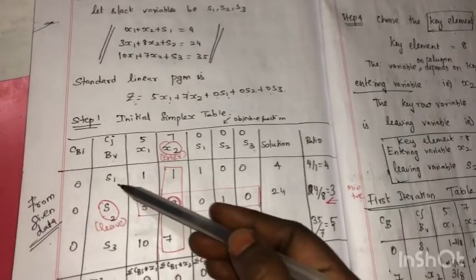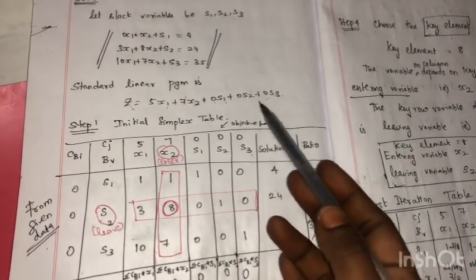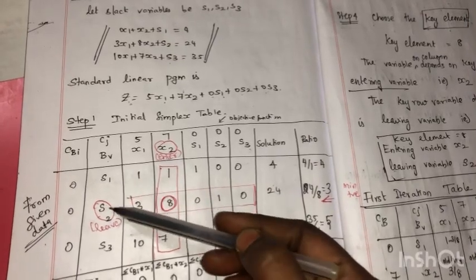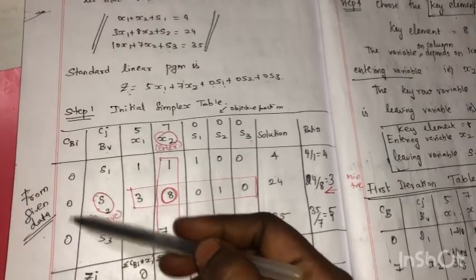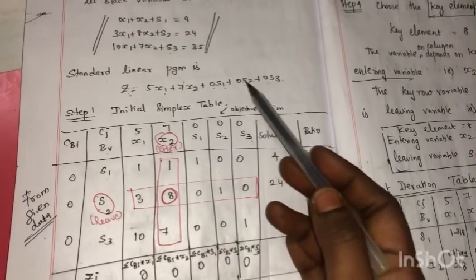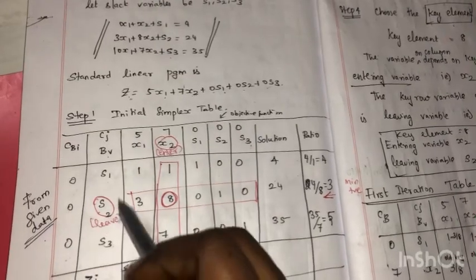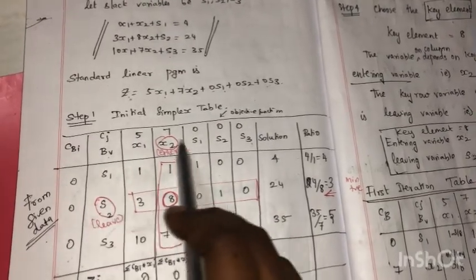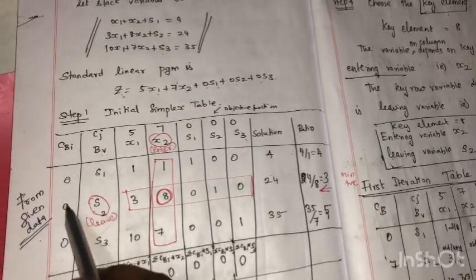Then move on to the variables. We have three slack variables here, so put s1, s2 and s3. The values along with the slack variables are 0, 0, 0. Now you are all clear: this is the general objective function equation, and these are the slack variables and their values.